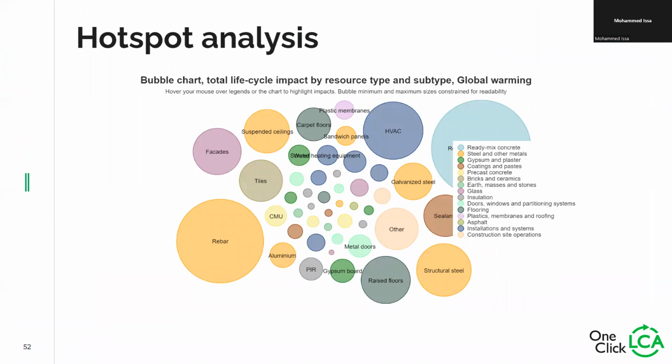I will now show you just rapidly in the slides some ways of performing hotspot analysis. To spot what are the biggest contributors, you can use what we call the bubble chart. And I will show you right after in the software how it can be used, also by showing a classical European project that we have modeled in the software.